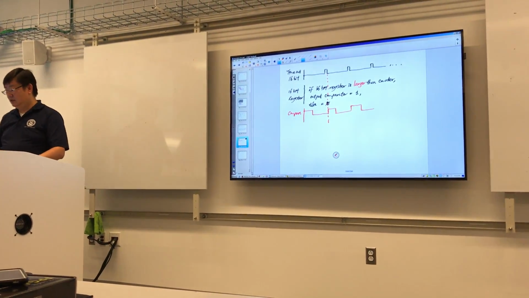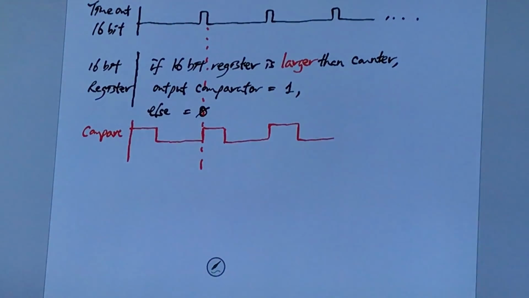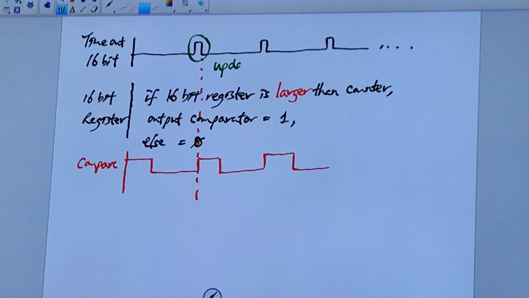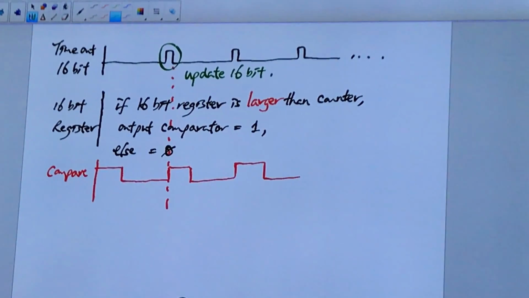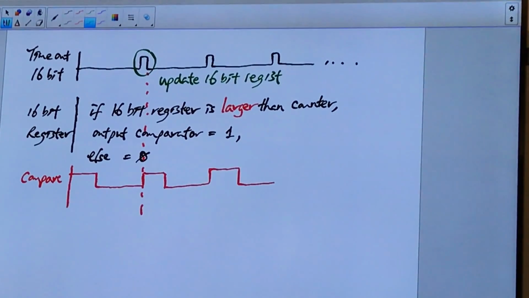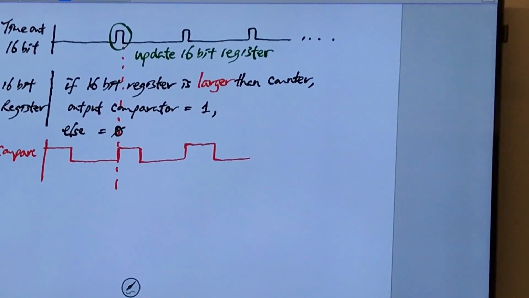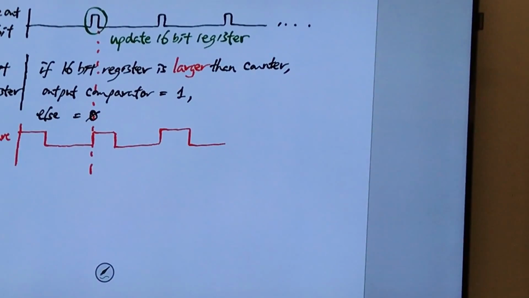Okay. So let's put down some annotation here. On this here, you update the 16-bit register. We're going to put down some exception here.